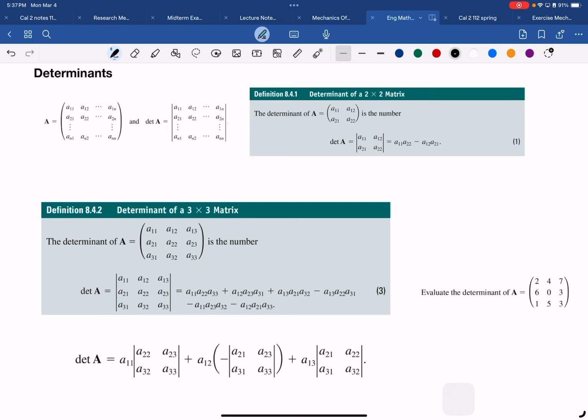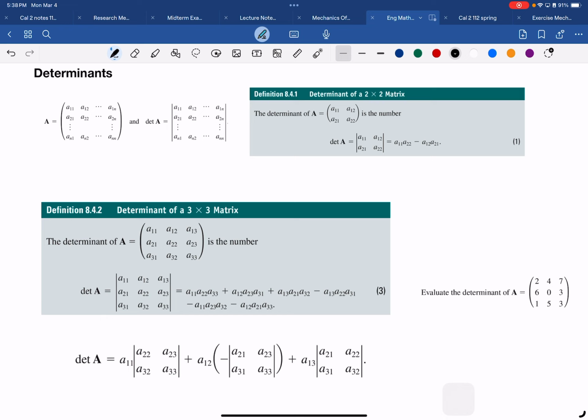Remember, in matrices there are some special rules that we need a negative sign. And then we add A13, the same thing. We cover the row and the column, and we have this determinant. Then we work out all these 2 by 2 determinants, multiply, and compute. That's basically how we get the 3 by 3 determinant of the matrix.